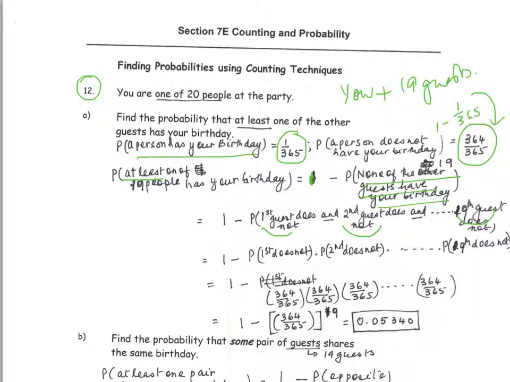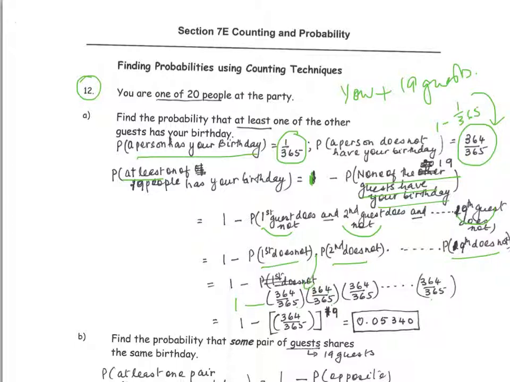So that is equal to 1 minus the probability that the first does not have the birthday and the second does not have the birthday and the 19th does not have the birthday. So that is equal to 1 minus 364 over 365, 364 over 365, all multiplied together.